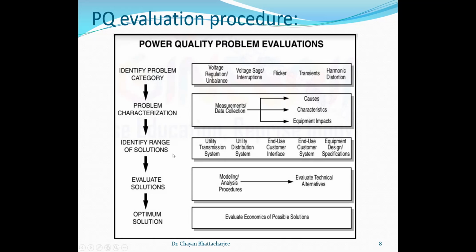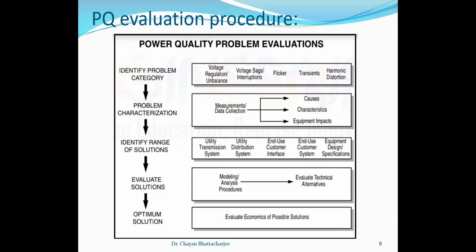So, identifying the range of solutions: the same problem can be mitigated if you use a mitigation device at the midpoint of a particular feeder, or at the starting of the distribution transformer. But if you use a mitigation device at the starting of the substation transformer, then the cost will increase.